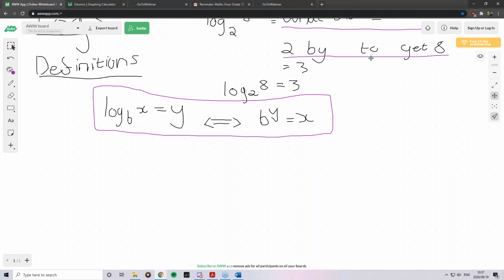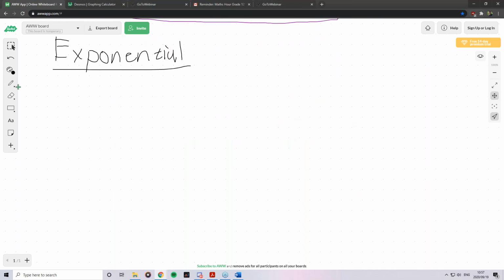So now that we have this basic definition out of the way, let's go to the exponential inverse. Let's say I have my f of x, and this is equal to, say, a^x.